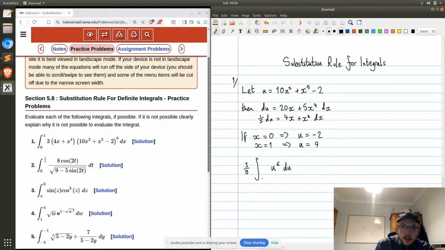And then these limits are -2 and 9. Then what? Well, then you evaluate and you do substitution, don't you? So it's 1/7 of u to the 7, from -2 to 9, right?